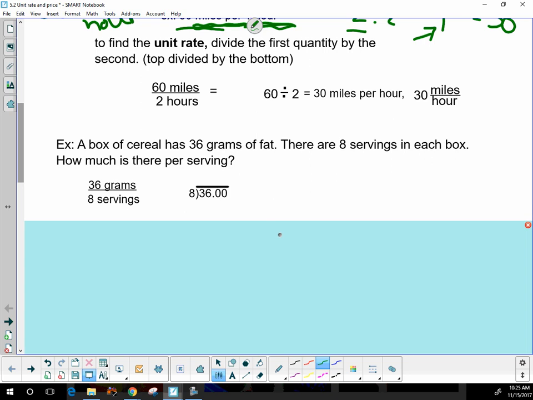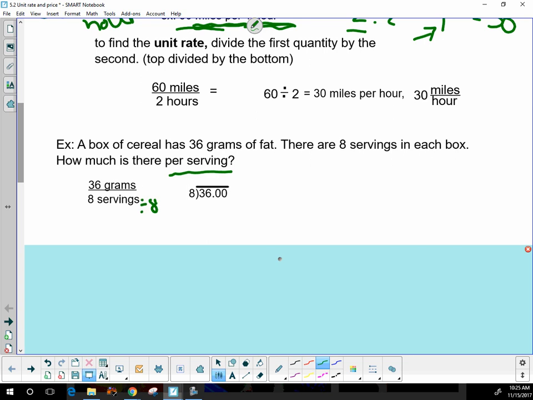Try this example. If a box of cereal has 36 grams of fat and there are 8 servings, how much is there per 1 serving? So to get this down to 1, you would divide by 8. And what you do to the bottom, you have to do to the top. So now you have 36 divided by 8. And that turns out to be 4.5. 4.5 what?